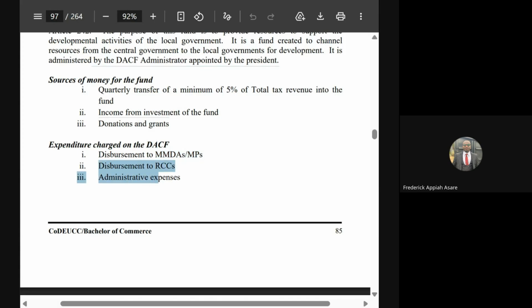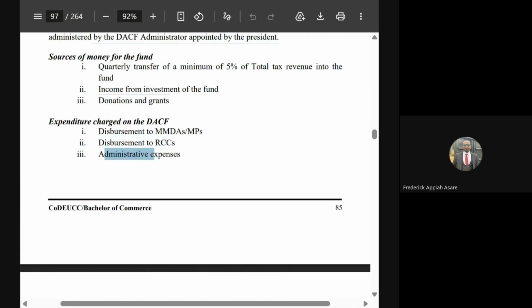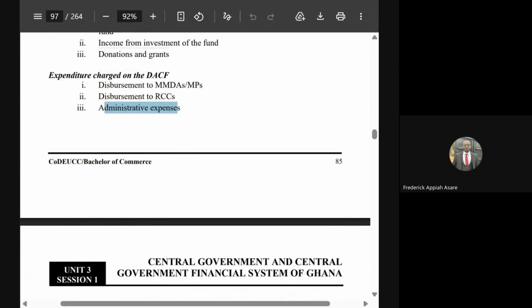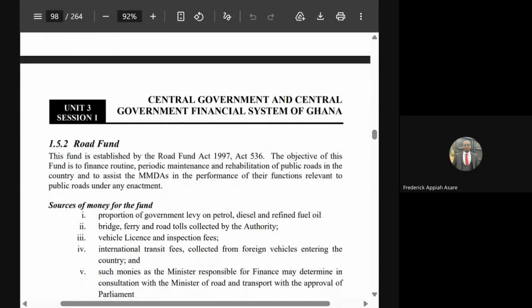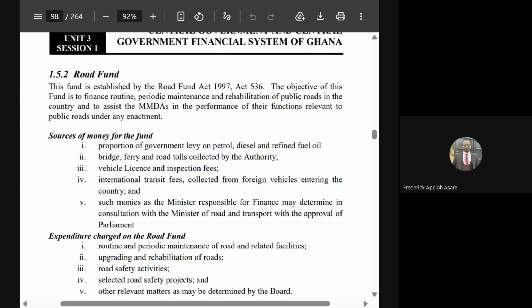We also disburse some to the Regional Coordinating Council, that is the RCC. Then administrative expenses, that is, those managing the fund, are also paid from the monies of that fund.